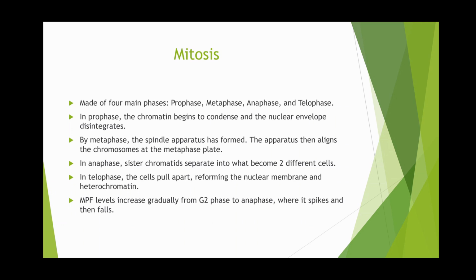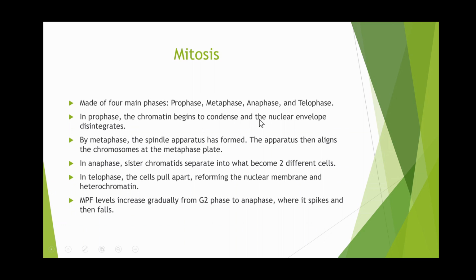That's what the spindle apparatus is here for. The centrosome, which is an organelle of the cell, is the main organizing area. We'd like to call it a microtubule organizing center during this process. So the apparatus aligns the chromosomes as what is known as a metaphase plate, which is essentially the middle of the cell. And then we have anaphase.